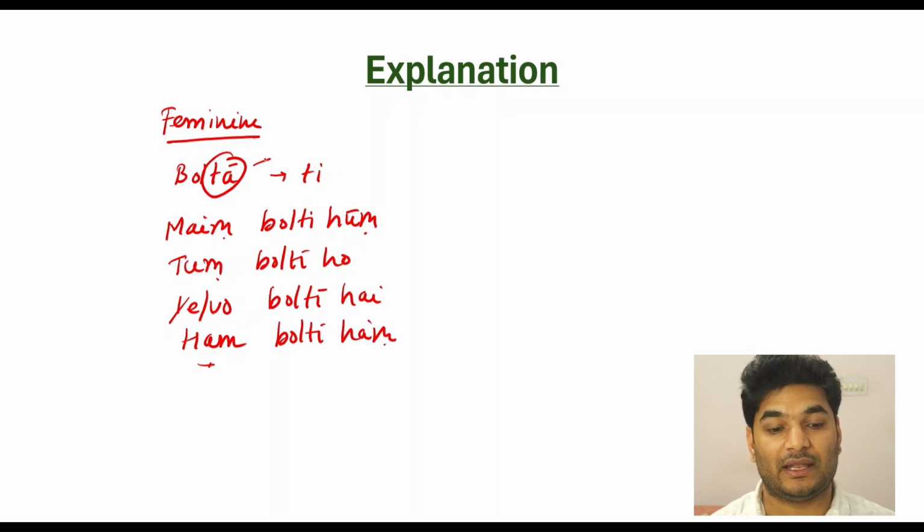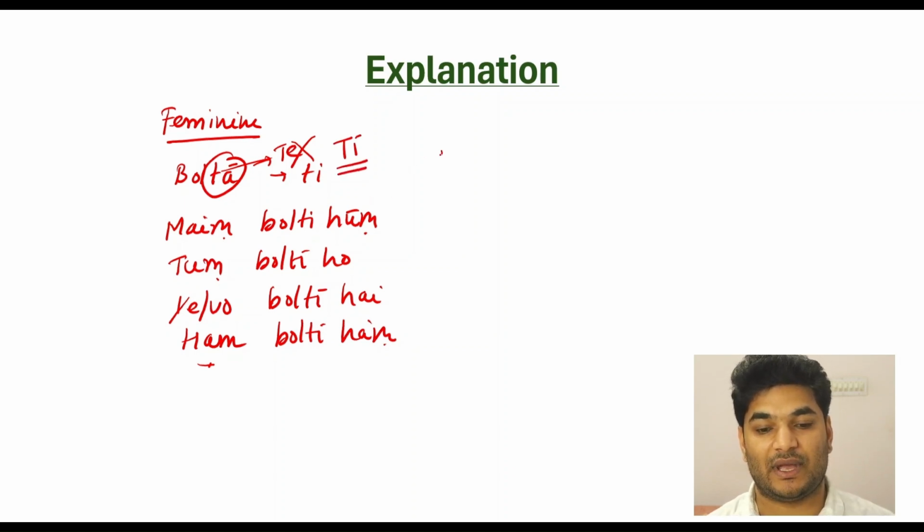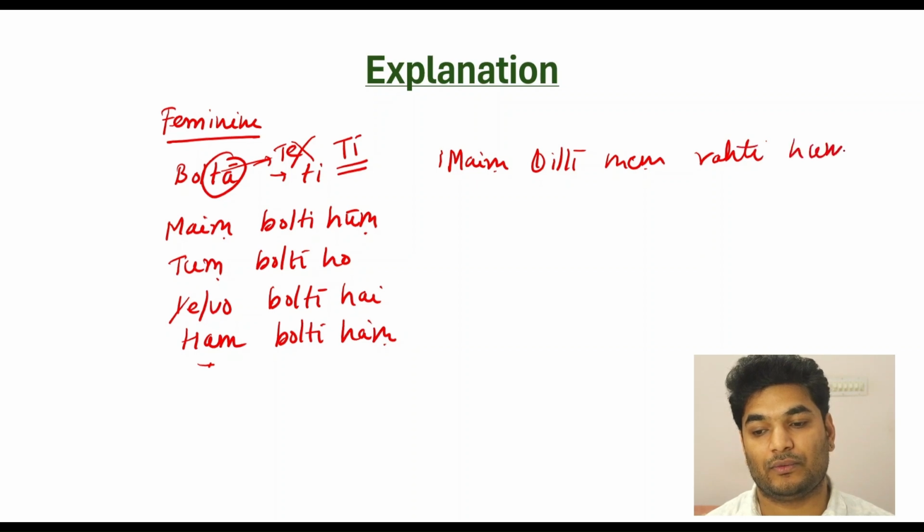So ta and te will be removed and t will take their place. If a girl would say मैं दिल्ली में, I live in Delhi, she would say मैं दिल्ली में रहती हूँ. मैं इंग्लिश बोलती हूँ.